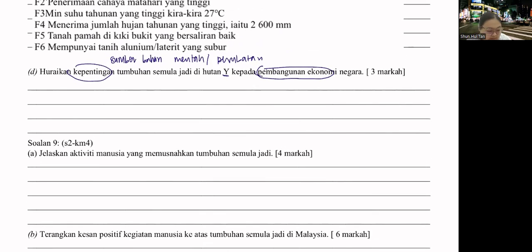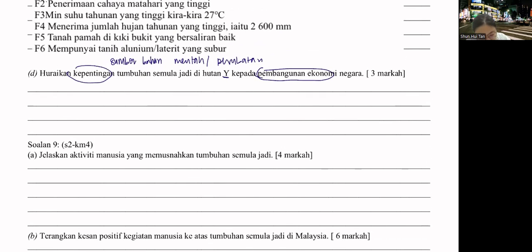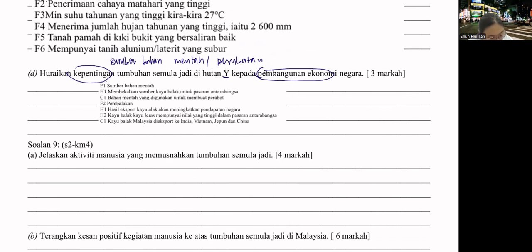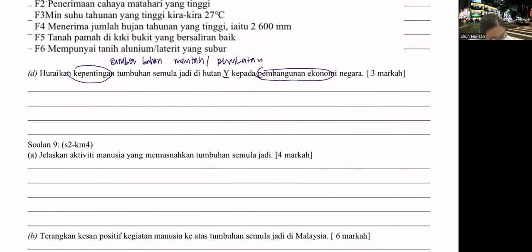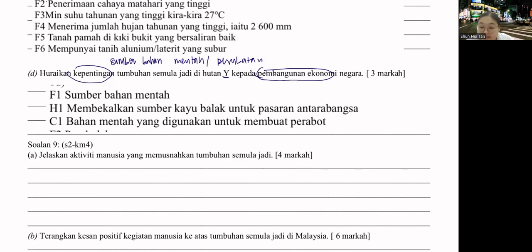So I show you the demo first, yeah? First point is you tell me bahan mentah. 3 marks, yeah? 3 marks means you're going to give me 1 point, 1 huraian, 1 contoh. Then it's enough. So your answer is going to look like this. You tell me that kepentingan tumbuh-tumbuhan sebagai bahan mentah.